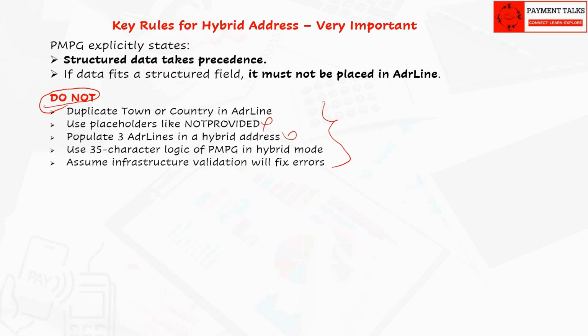Do not populate 3 address lines in a hybrid address. Do not use the 35 character logic of PMPG in hybrid mode. Do not assume market infrastructure validation will fix errors. Please make sure bank channels and payment engines are enhanced to validate the hybrid address.